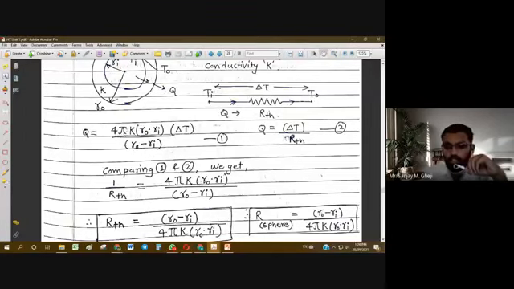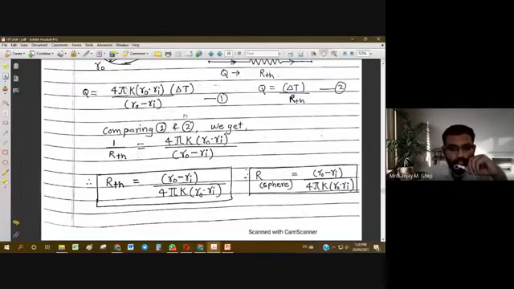Then the general equation is Q equal to delta T upon summation R thermal. Equate the two, we get 1 upon R thermal from the right hand side equal to 4 pi K Ro Ri upon Ro minus Ri. So delta T being cancelled out, we are left with these factors. Take the reciprocal.